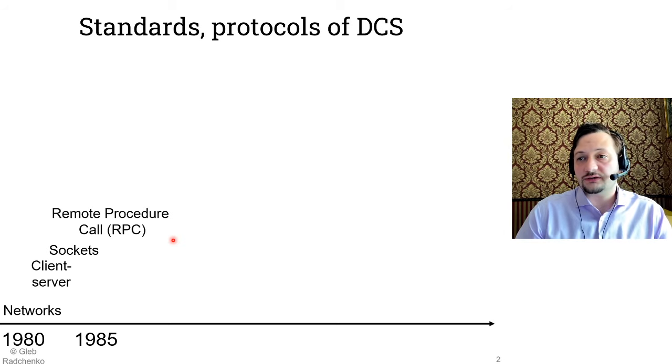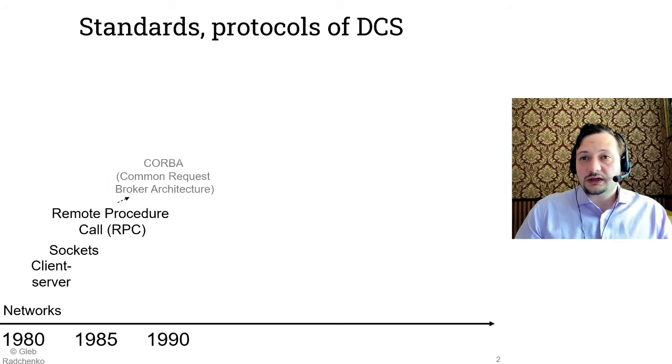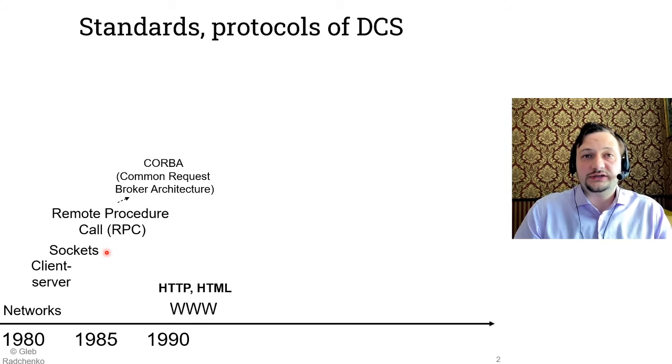So first, RPC systems started to arrive in 1985. Also, RPC is not the best and not so convenient way to organize communication if the system is developed on the basis of different languages.